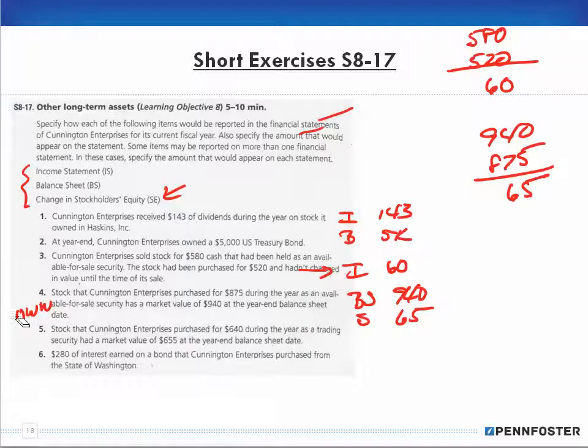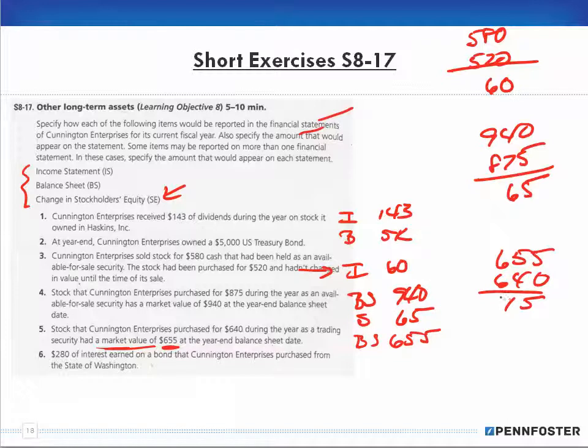Okay, all right, number 5. The stock purchased for $6.40 during the year as a trading security had a market value of $6.55 at the year-end balance sheet. So this is very similar to number 4. The balance sheet is going to show that it has $6.55, because that's the market value at the end of the year, and you have a gain of $0.15. $6.55 less $6.40 is a gain of $0.15, and that is going to be on the income statement.